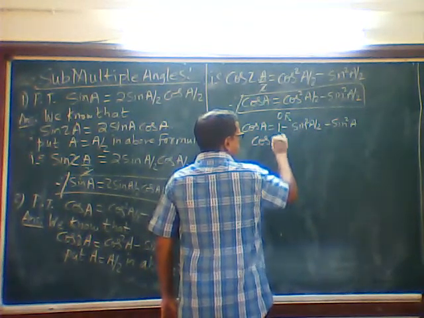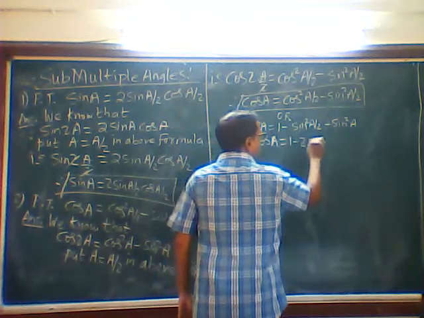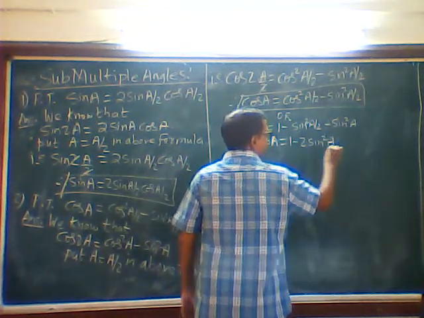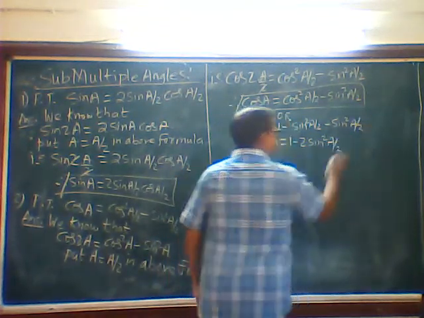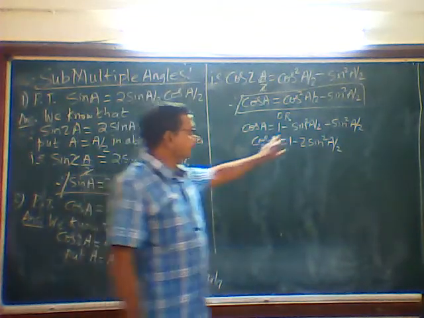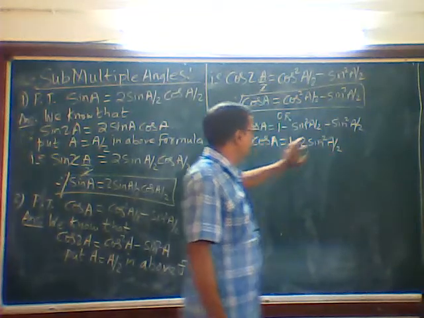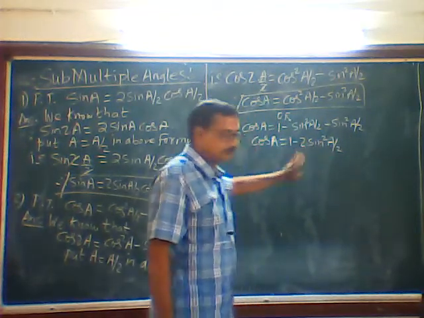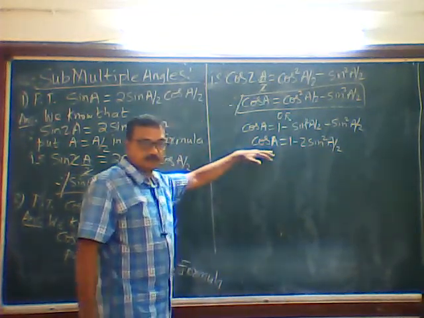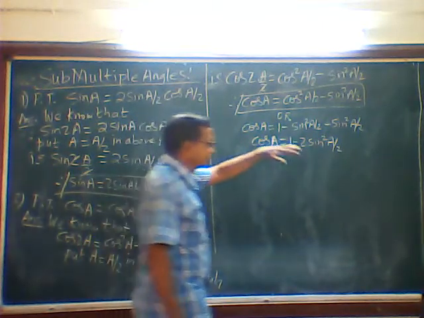So what happens here? Cos A is equal to 1 minus 2 sin square A by 2. Cos square A by 2 is 1 minus sin square A by 2, then minus sin square A by 2, so minus and minus combine to give this. This is one formula for cos A. From here I get one more.